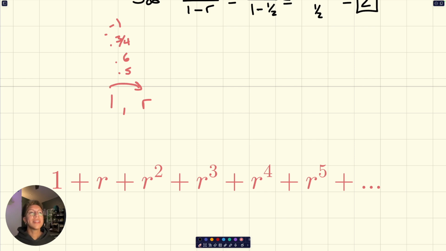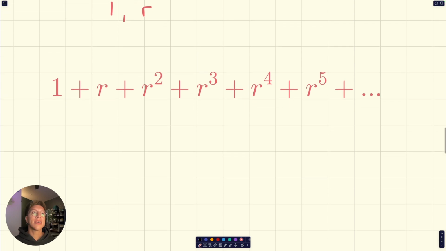The question is, what would the sum of that series be? Well, like we saw before, for this one here, our sum to infinity is going to be the first term, 1 over 1 minus r. And in this case, our common ratio is just r. We kept it pretty simple.